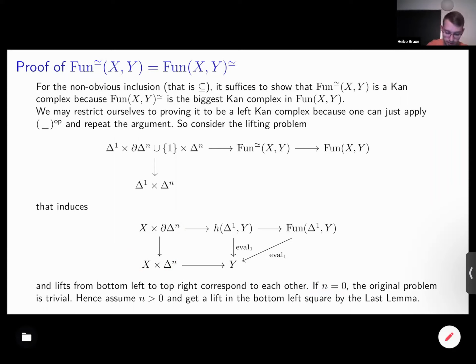So this is then just delta 1 cross, what is it, 1 cross delta n, which is 0. So it's just an additional point. So there's no problem if you do that, and it just works out. If n is bigger than 0, then we will have a bijection on objects here. So this will be a bijection on objects.